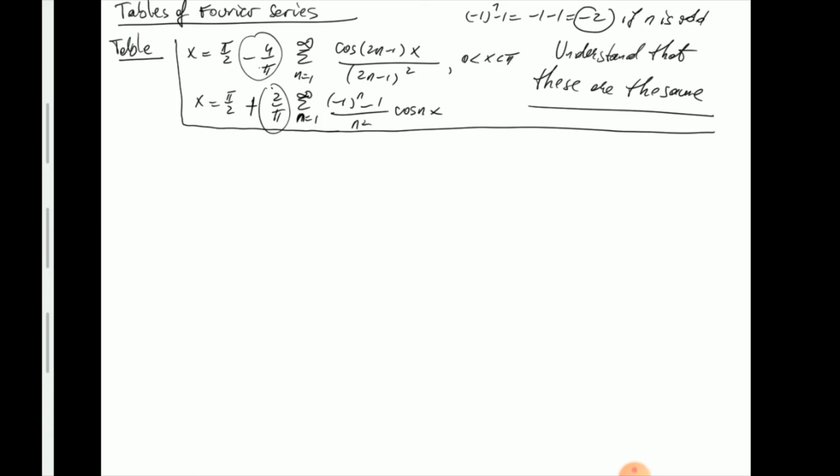Once again, you don't have to change the form. If you're confident that your answer is correct, you can leave it in this second form. But if you want to check with the answer in a different form, you have to do some algebra to make sure it's correct, or that you made a mistake, because it's not that obvious.